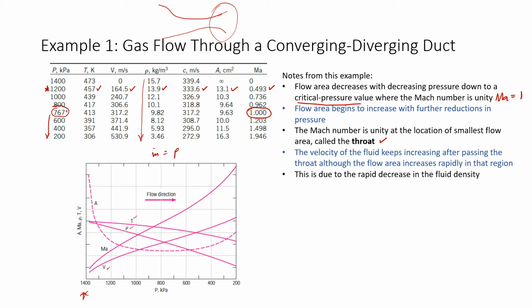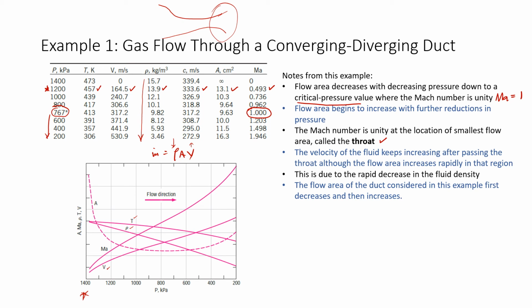Mass flow rate equals rho A V. So when the velocity increases, this is related. Of course, area is influenced as well, but due to the compressibility, we see that the density decreases. The flow area of the duct considered in this example first decreases and then increases.